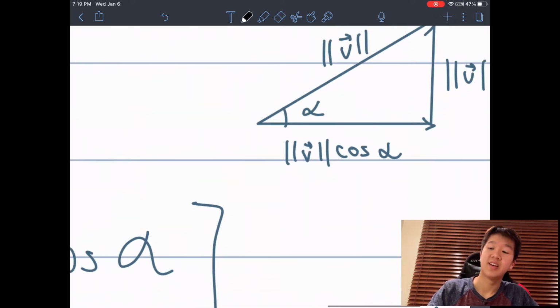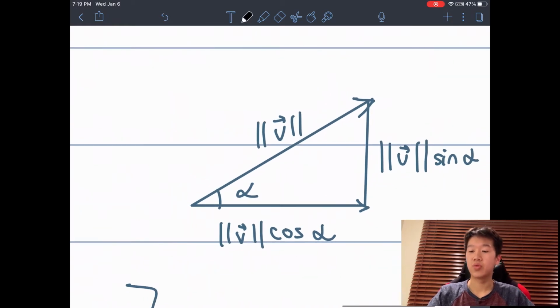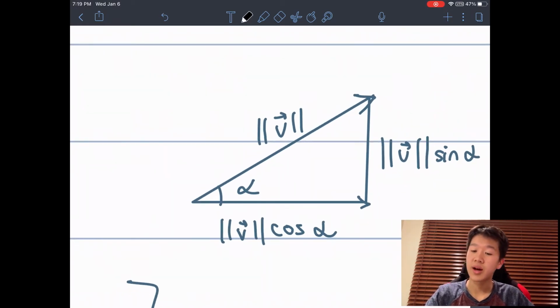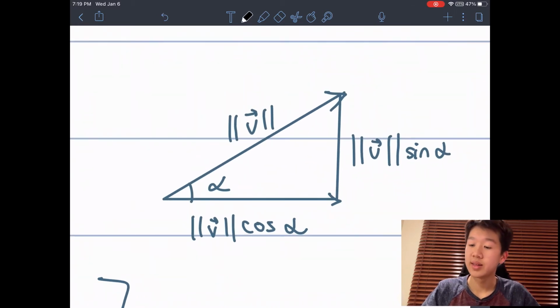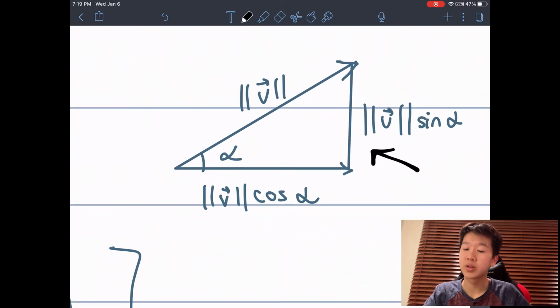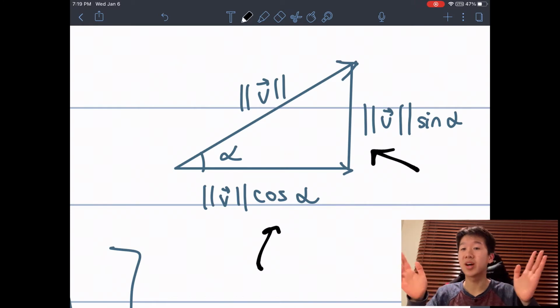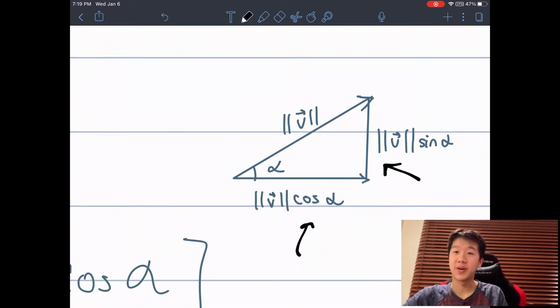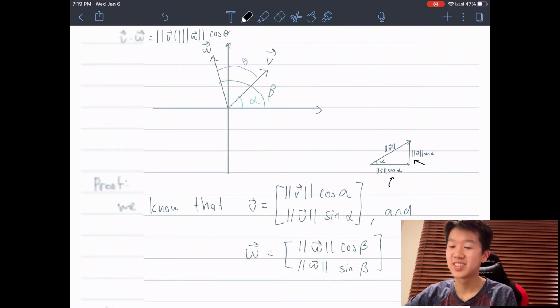And why is that? Because if we have a right triangle, and this is the magnitude of v, and we have an angle alpha, then this vertical component is equal to the magnitude of v times sine alpha, and this horizontal component is equal to the magnitude of v times cosine of alpha. So you can verify it with your SOHCAHTOA if you still remember it. So opposite over hypotenuse and all that stuff.